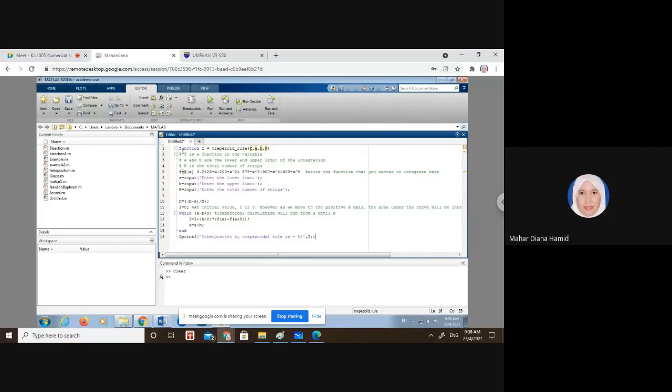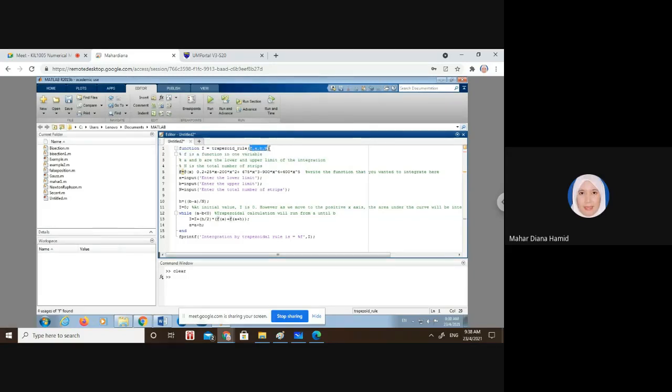The first line here specifically mentions that this M file is going to calculate I, where I is the formula for integration, and we are going to name that file trapezoid_rule. So trapezoid underscore rule would be the file name.